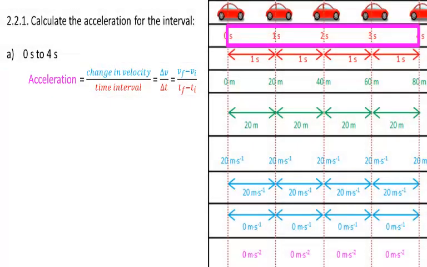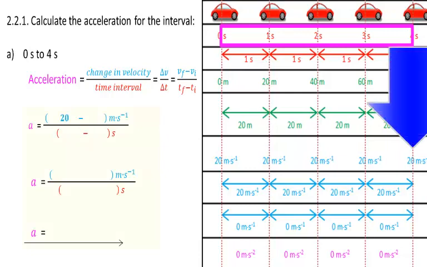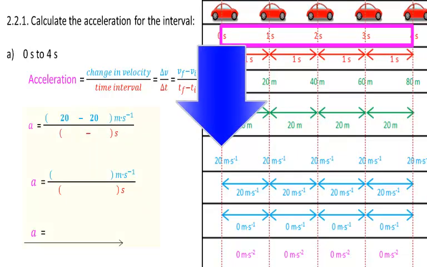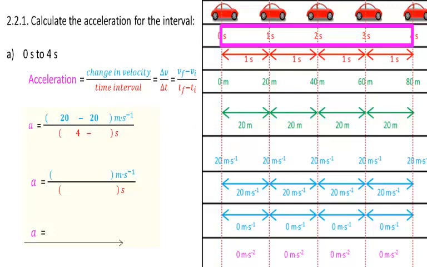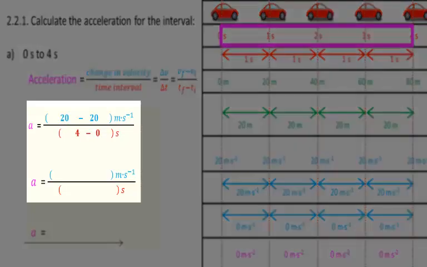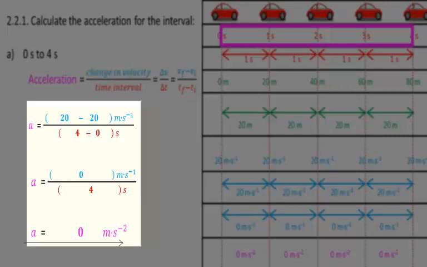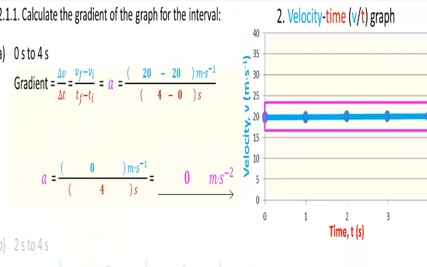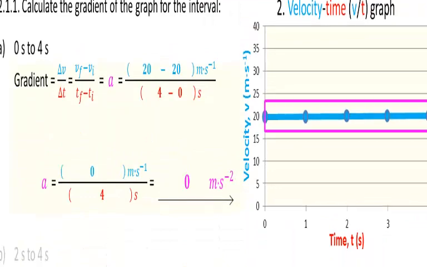For this interval, the velocity at the end is 20 meters per second, and at the beginning it was also 20 meters per second. The final time was 4 seconds, the initial time 0 seconds. 20 minus 20 is 0 meters per second change. 4 minus 0 is 4 seconds duration. 0 meters per second change in 4 seconds is 0 meters per second squared. The same answer as what we found before using the gradient.